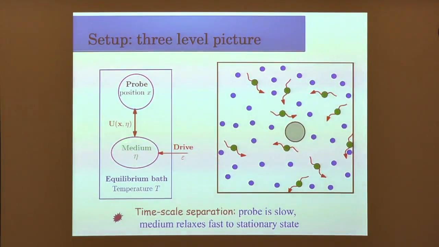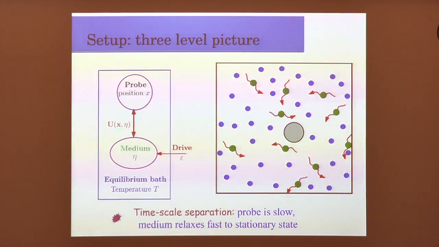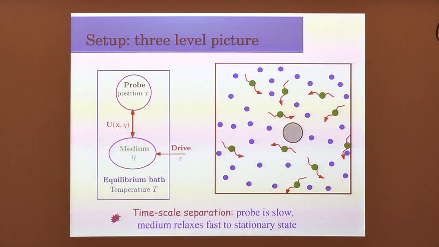For the coupling, we take some energetic coupling. So U(x, eta) is a joint energy, but we assume that the probe is much slower, so there is a time scale separation. For example, one can think of a particle system. These blue particles are a fast heat bath, which gives the temperature T. These green particles are my medium, the non-equilibrium one, which is driven by some external field.